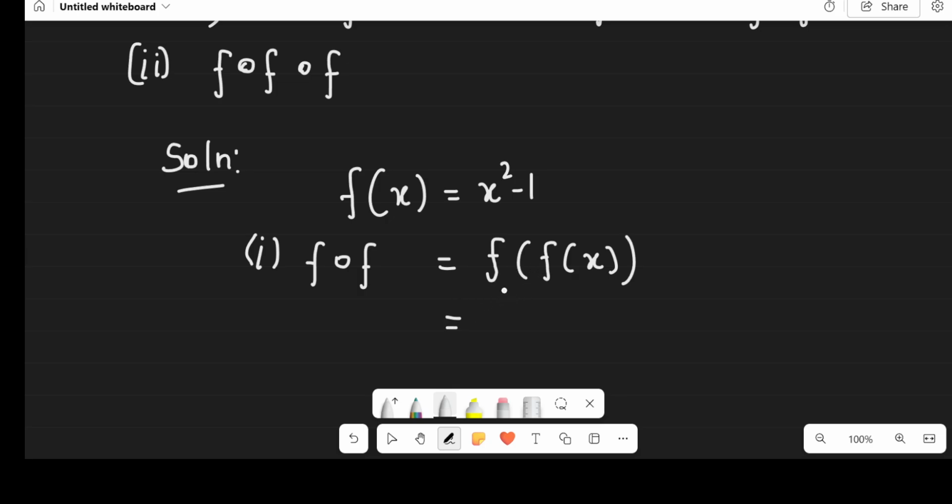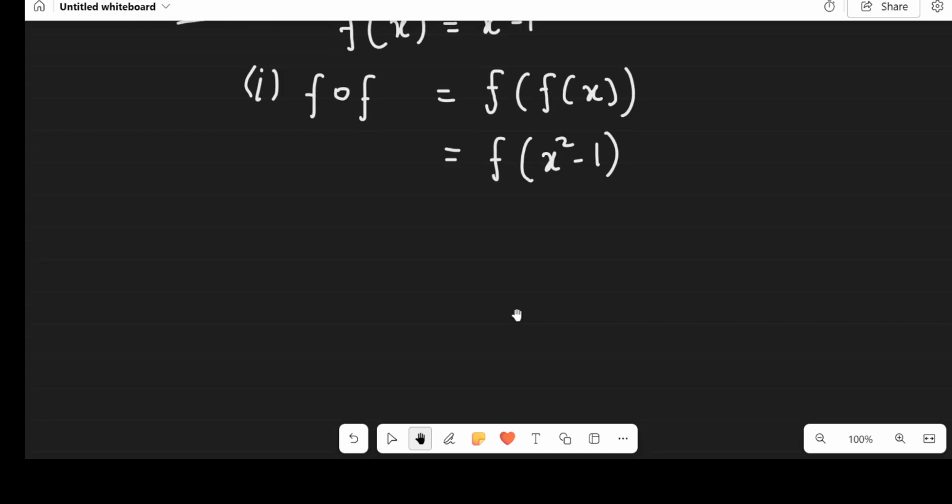Here, what would be the next step? We should apply the value of f of x here, right? What is f of x? That is x square minus 1. Then what would be next step? According to the basics, here f is given, right?